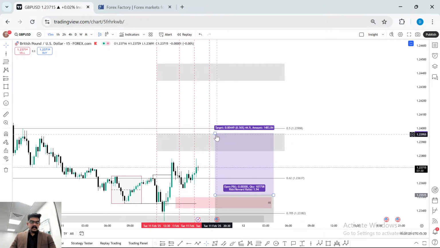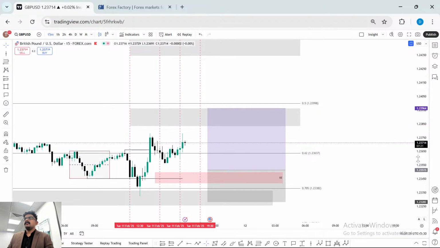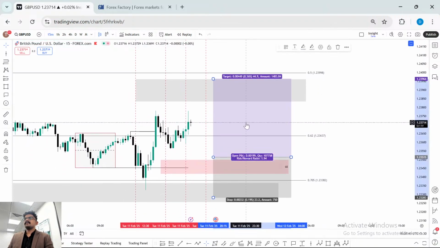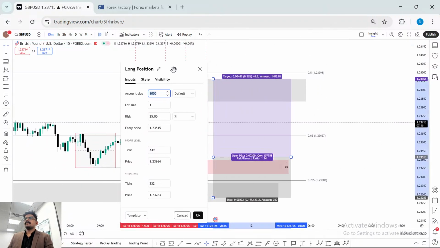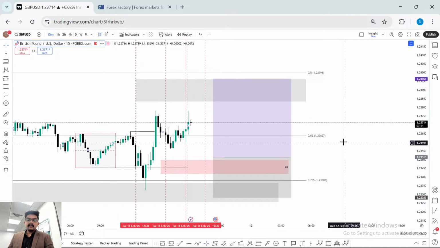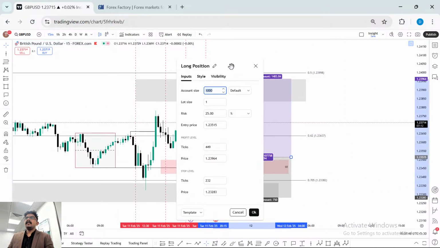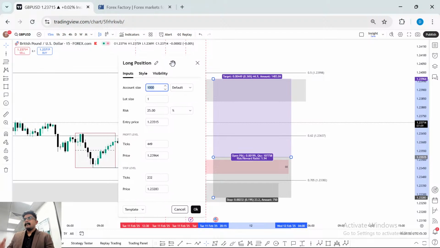Once it reaches nearly 1:1, move your SL to break even and hold it. So you can take a buy limit at 1.23515, stop loss at 1.23283, and profit target at 1.23964.